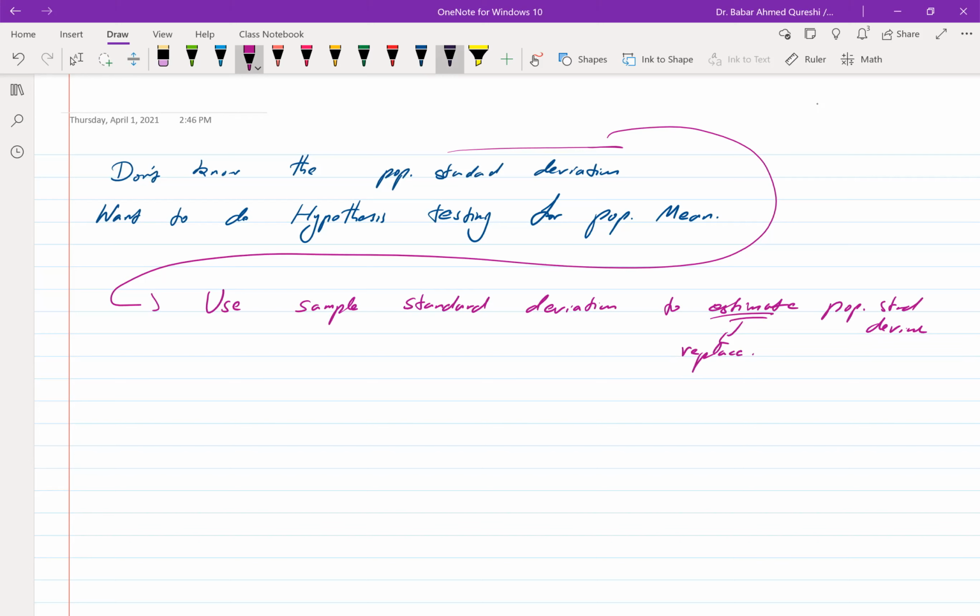And when we do this, the only difference which occurs is that the z standard normal distribution is replaced by the t distribution.